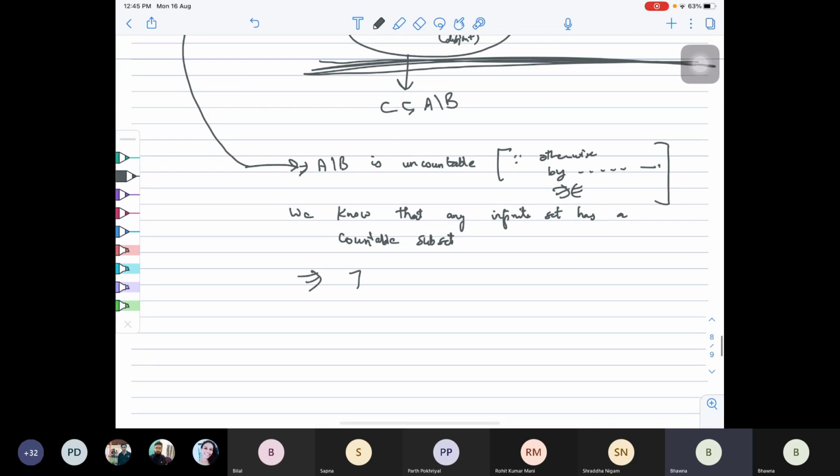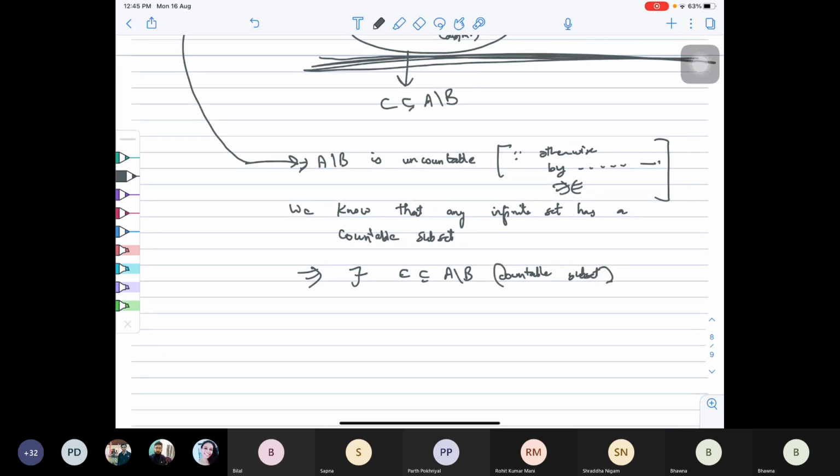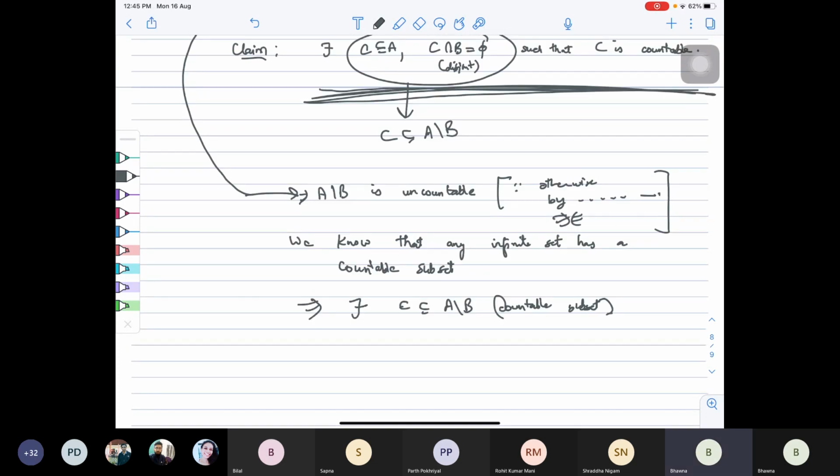So this implies there will exist a countable subset C of A minus B. Is it fine now? If you have further doubts, then you can ask again, Rohit, or you can just mail me.